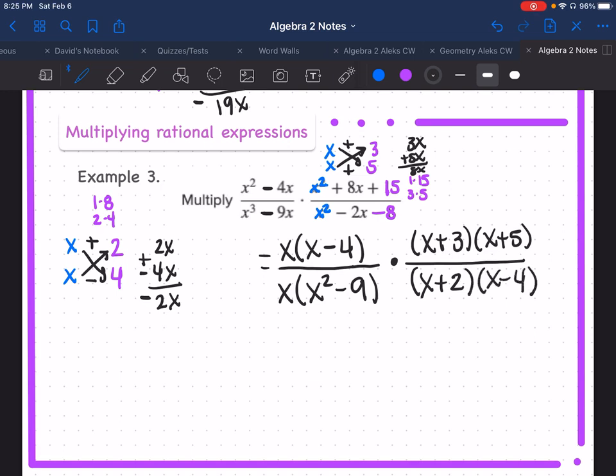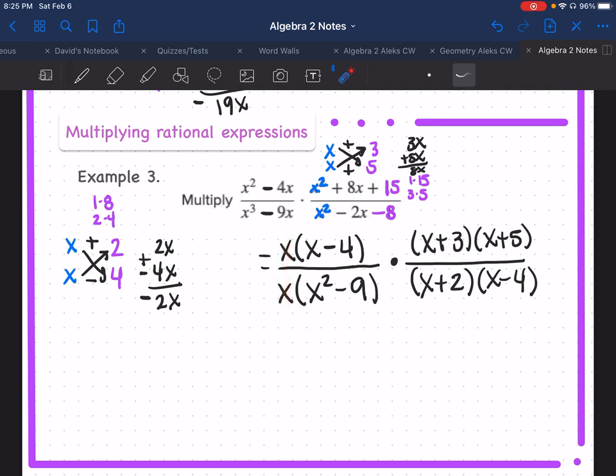Now remember, we haven't factored completely, because this one right here can factor more. But before we do, we can go ahead and take a look. Is there anything in my numerators that would cancel with anything in my denominators? Well, the first thing that I notice are these two x's in the front. They can go ahead and cancel.